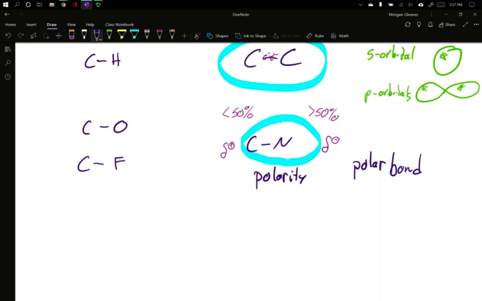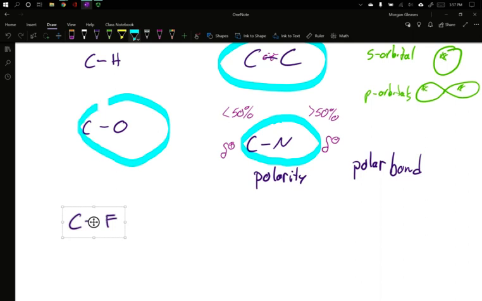And so carbon-nitrogen has a polar bond. And we'll actually see this for carbon-oxygen as well. Oxygen is even more electronegative than nitrogen, and so it shifts even more out onto the oxygen and less on the carbon. I'll draw it as a bigger partial negative and a bigger partial positive. Because oxygen is more electronegative than the nitrogen compared to carbon, it pulls even harder.